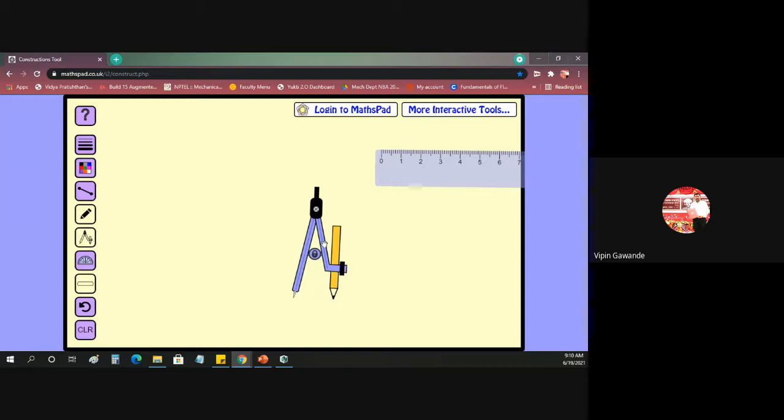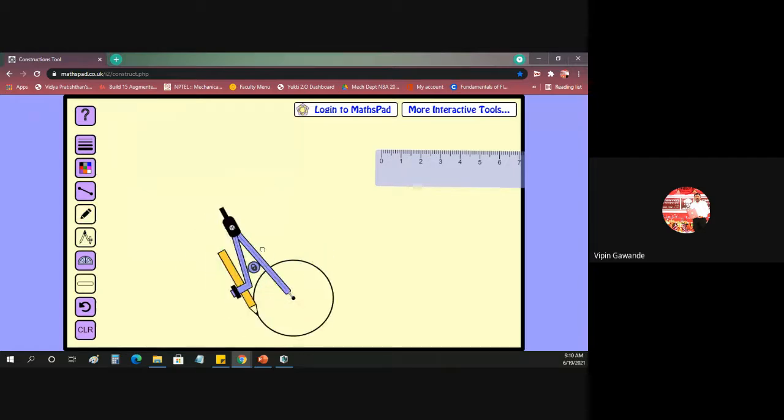I will draw it here, so this is the 2 centimeter radius.